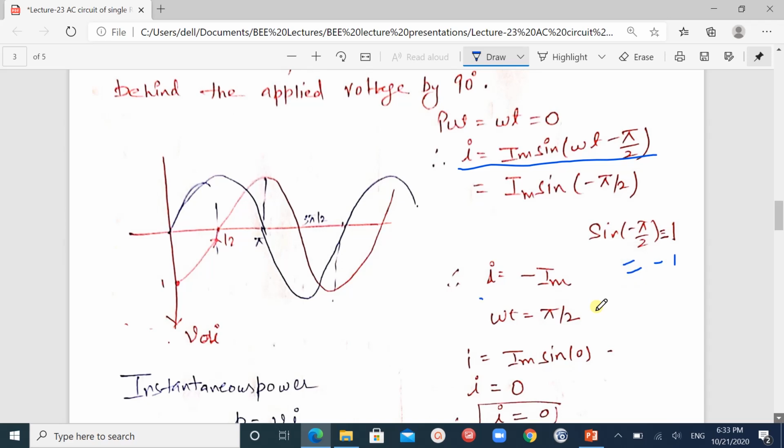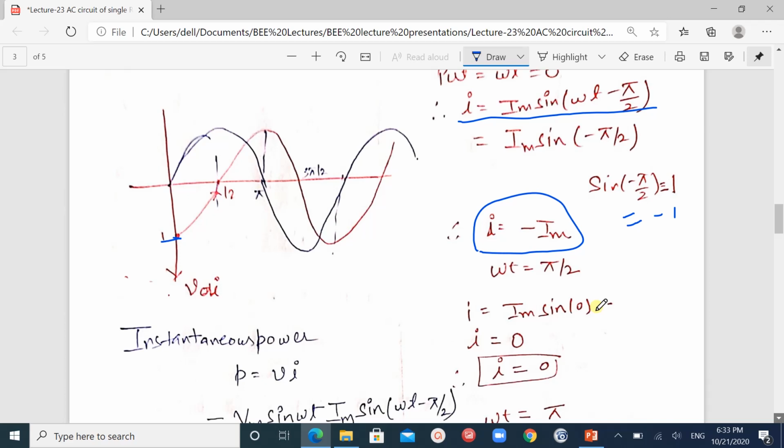So I is equals to minus Im. This is the value of minus Im. When we put omega t is equals to pi by 2, I becomes 0. So this is our 0 value.